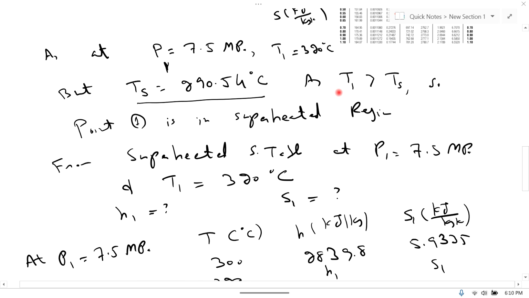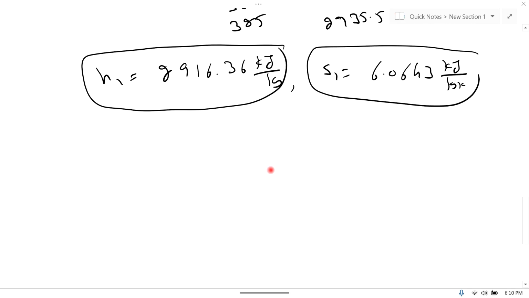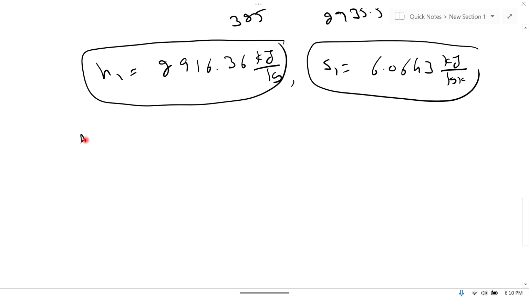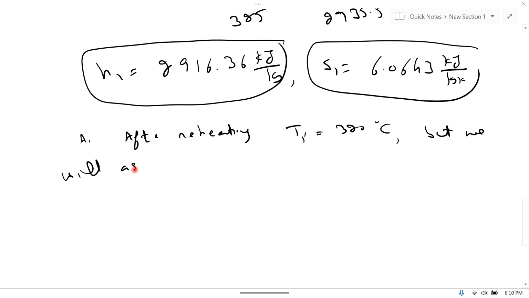After reheating, the temperature is given to us, 300 degrees centigrade. After reheating, temperature T1 and T1 dash are equal, which is 320 degrees. But we will assume the pressure.